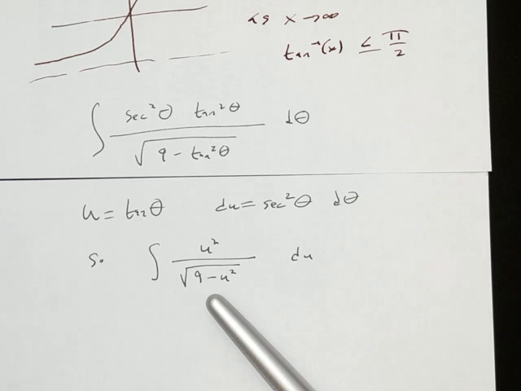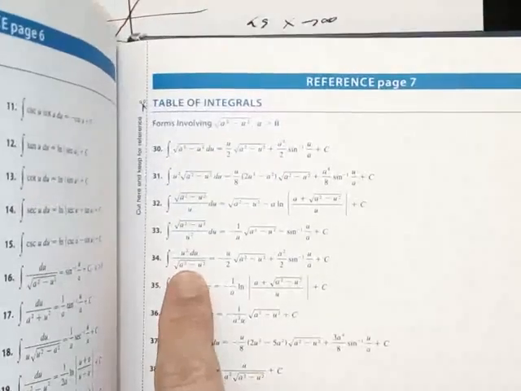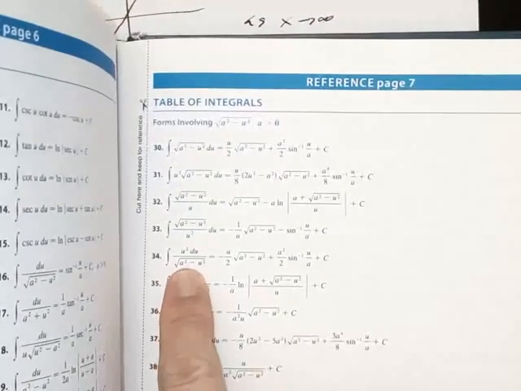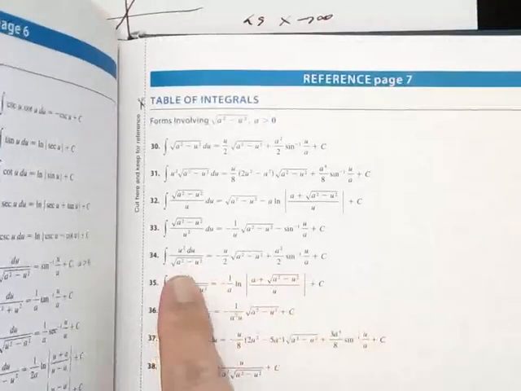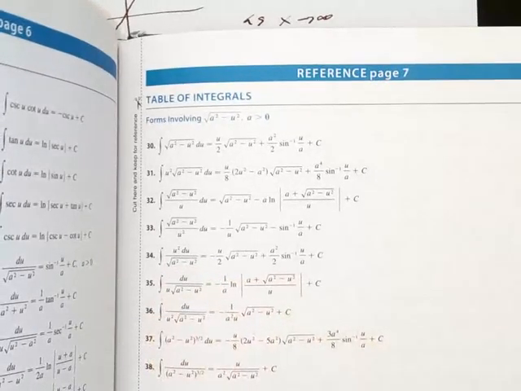I jump back to my table, and integral formula number 34 says u squared over a squared minus u squared and a square root. That's perfect. Why is it 44? 34 or 44?